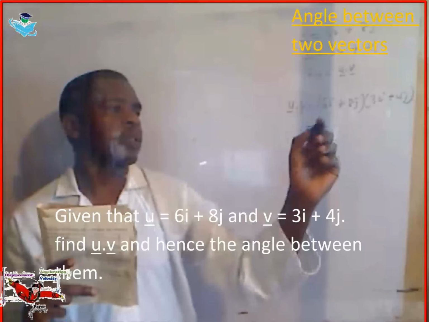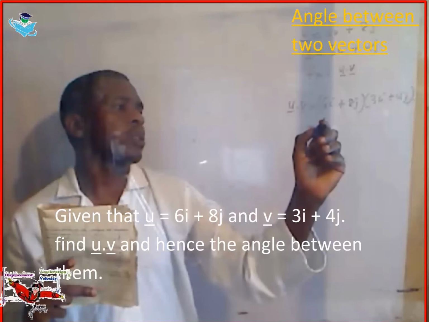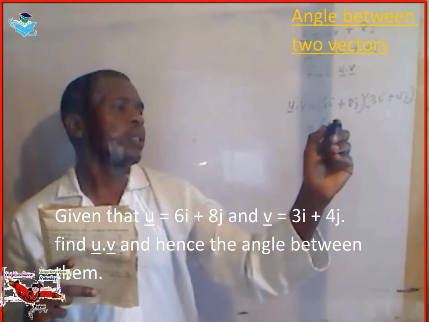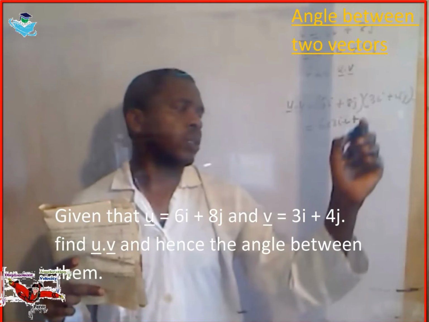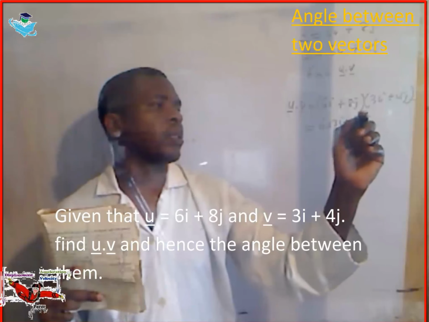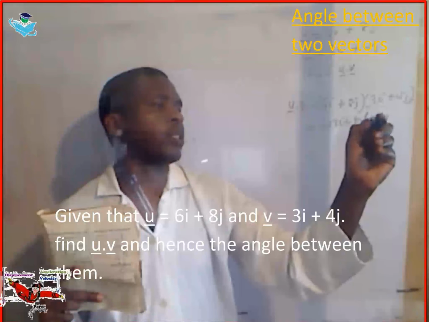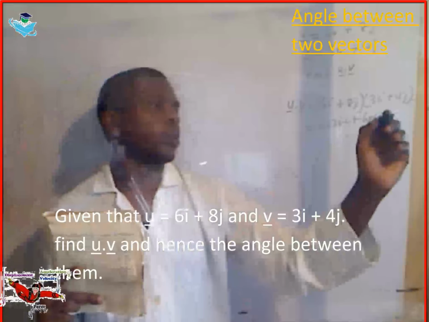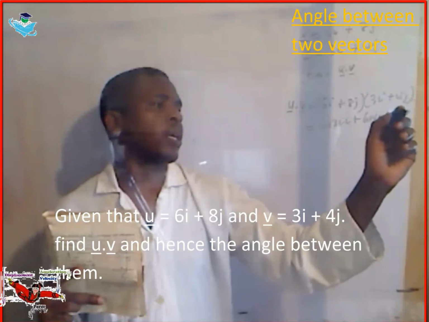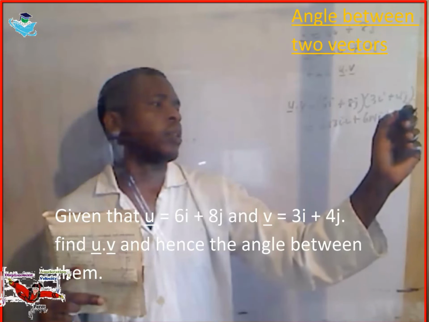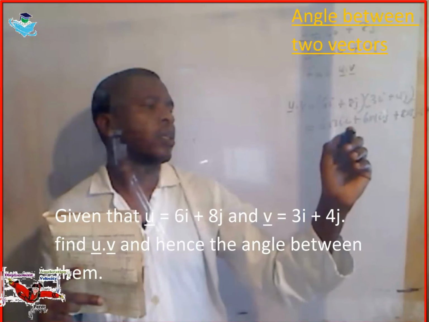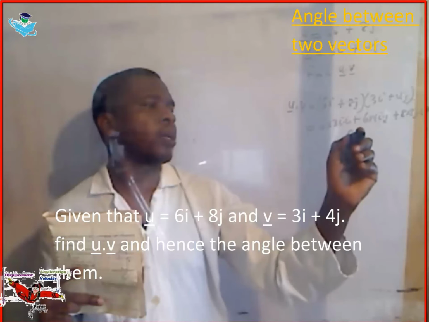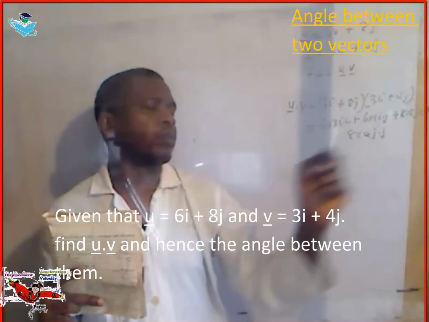This will give us 6 times 3 i dot i plus 6 times 4 i dot j plus 8 times 3 j dot i plus 8 times 4 j dot j.